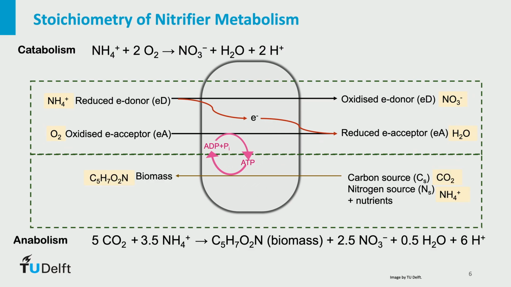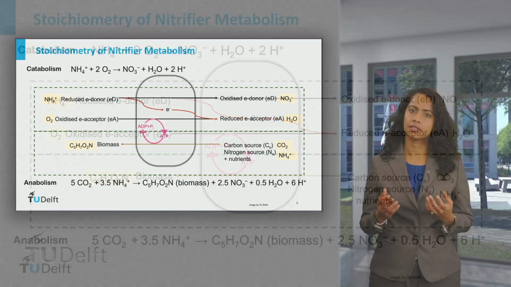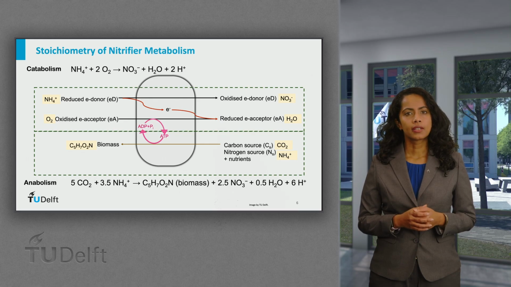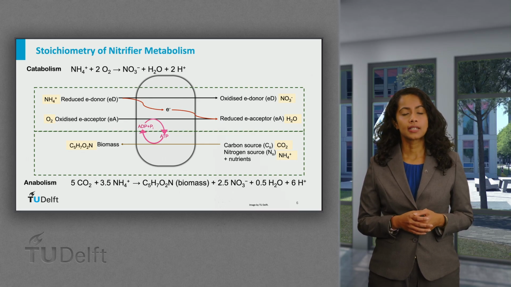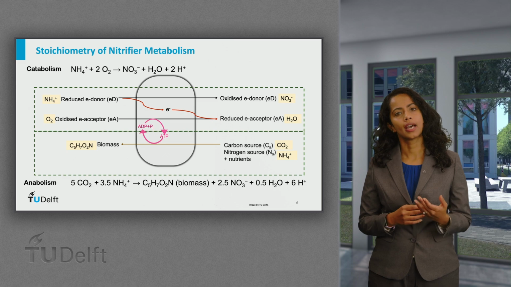This energy-yielding reaction is then coupled to anabolism, which can also be described in a stoichiometric relationship, where bicarbonate or carbon dioxide serves as the carbon source and ammonium provides nitrogen to form the biomass. The process also produces byproducts such as nitrate, water, and proton.